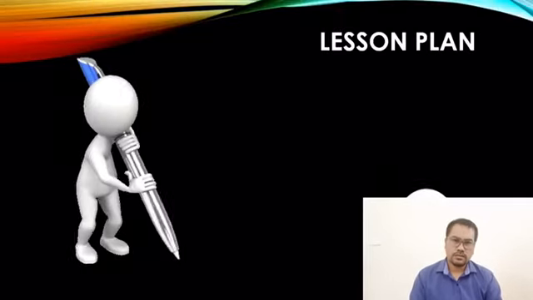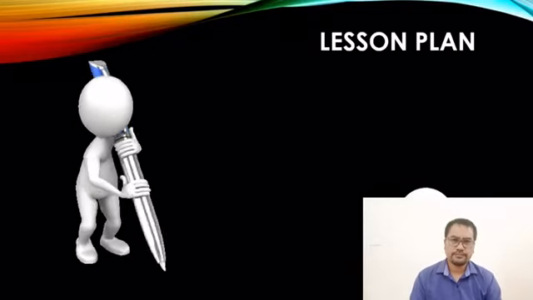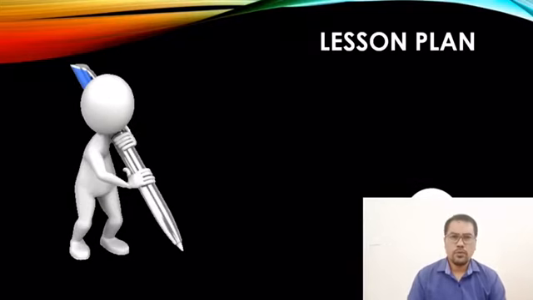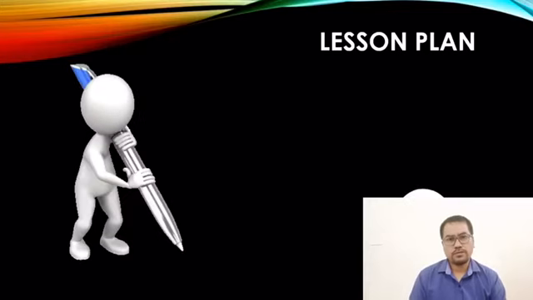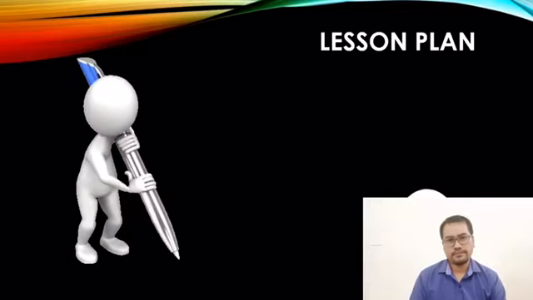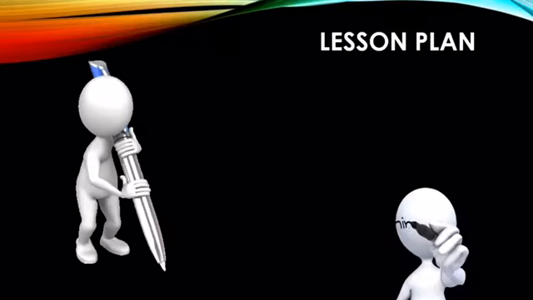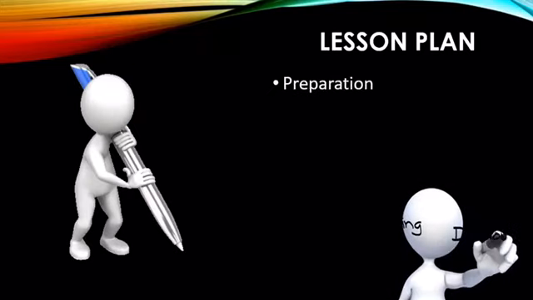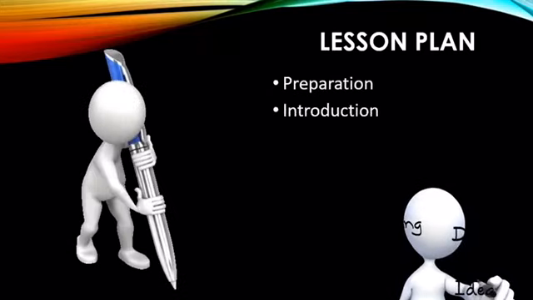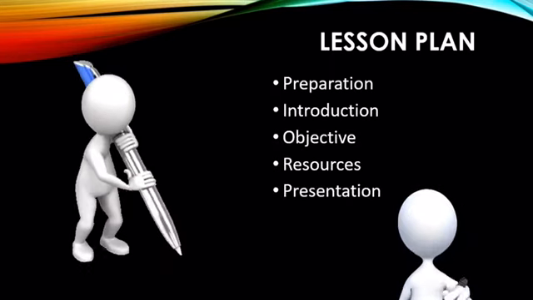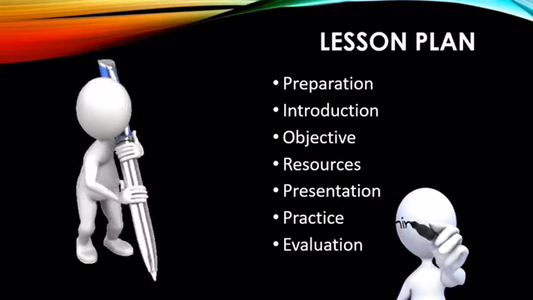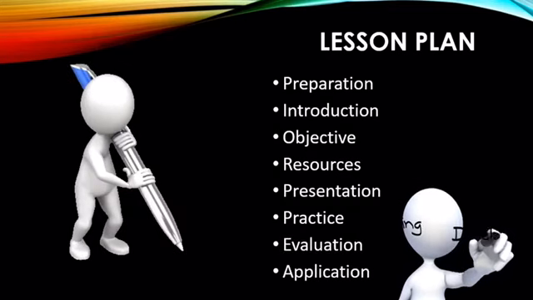Somewhat these are the same as a regular lesson plan. So what are the steps or components of a lesson plan for teaching children with learning disability? They are preparation, introduction, objective, resources, presentation, practice, evaluation, and finally application.